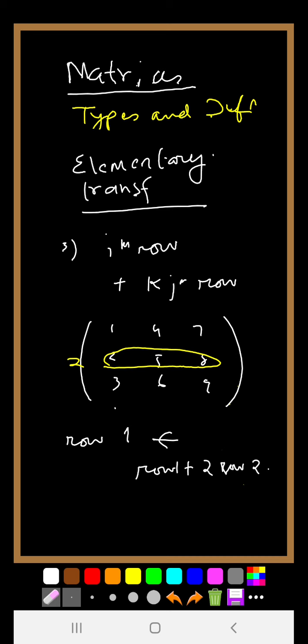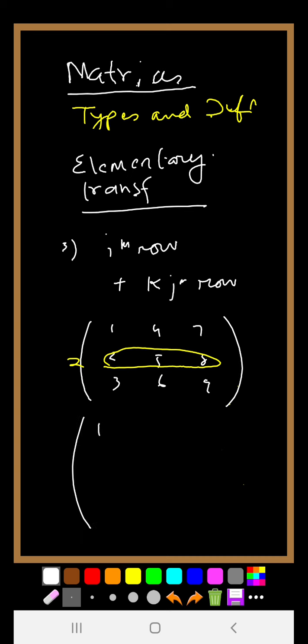So the first element of the first row will now be replaced by 1 plus 2 into 2, that is 1 plus 4. This will be 4 plus 2 into 5, that is 4 plus 10. And the last one will be 7 plus 2 into 8, that is 7 plus 16.